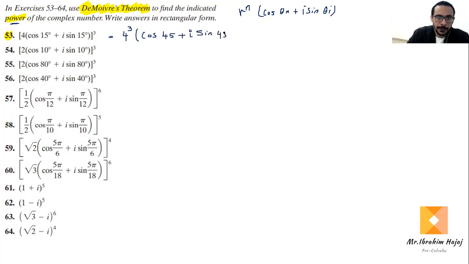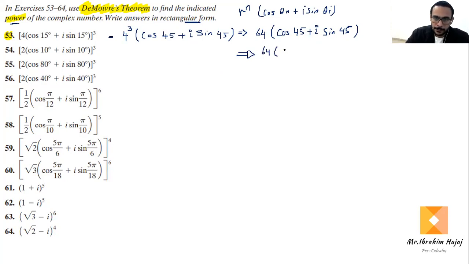4 to the third is 64. Cosine 45 is square root of 2 over 2, plus I sine 45, also square root of 2 over 2. He wants it in rectangular form, so 64 times square root of 2 over 2 is 32 square root of 2.